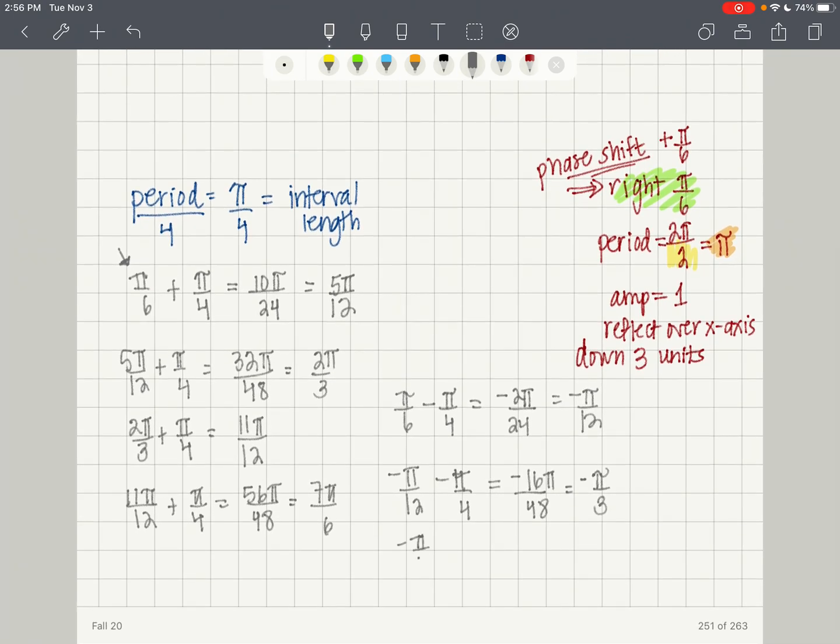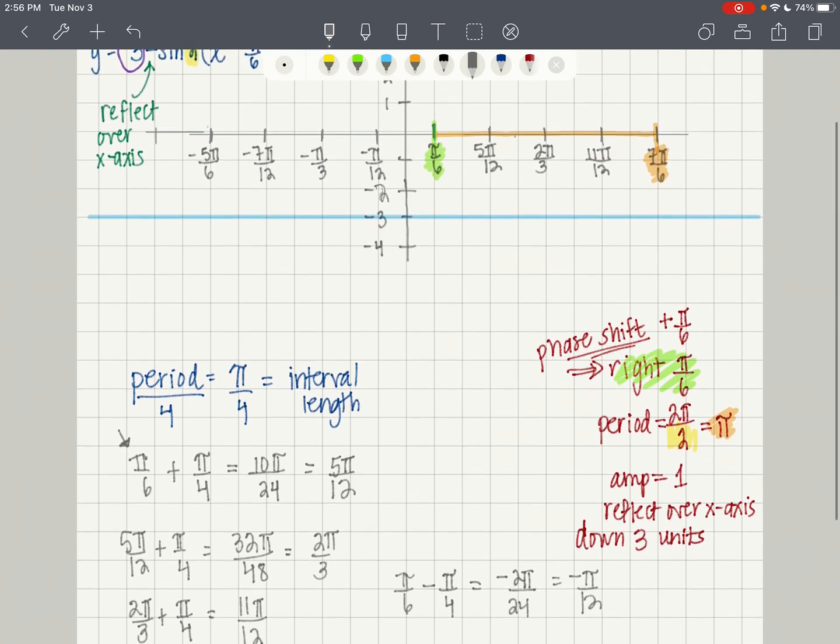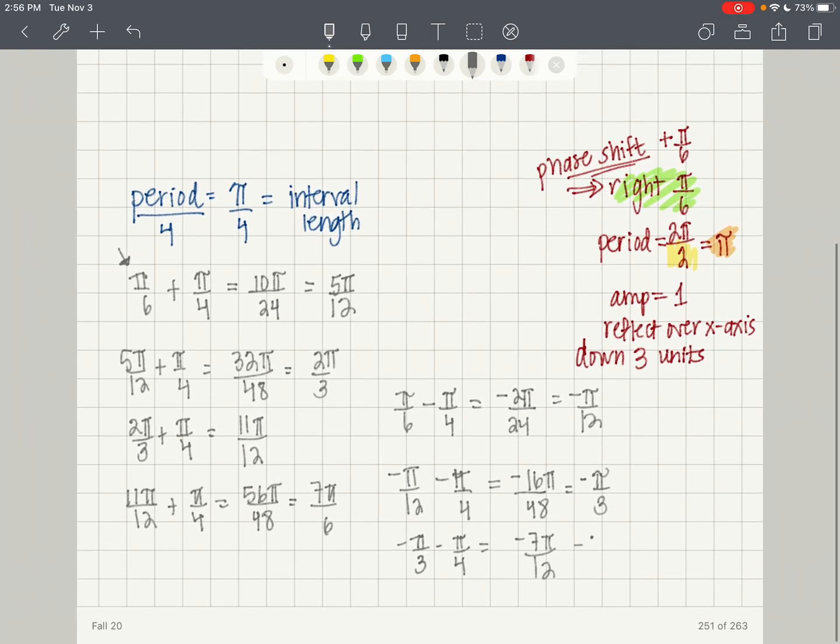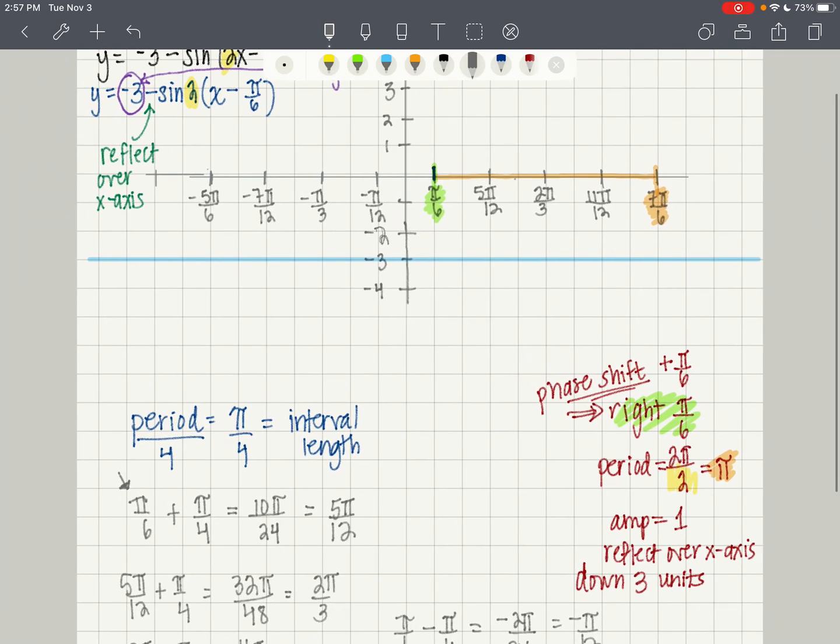Then we take negative pi over 3 minus pi over 4. This is where being able to add and subtract fractions, getting a common denominator, is really what's happening here. We've got negative 7 pi over 12, and I believe that's what we have written there. Then if you take negative 7 pi over 12 and subtract pi over 4, we get negative 40 pi over 48, which reduces, since 8 goes into both of those, to negative 5 pi over 6.